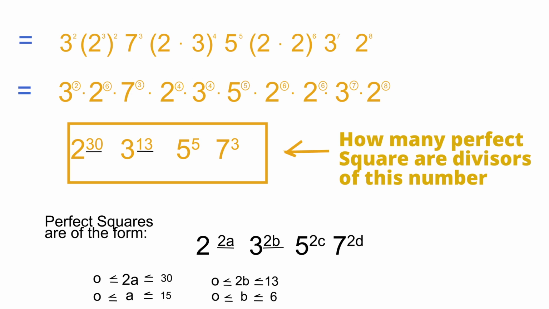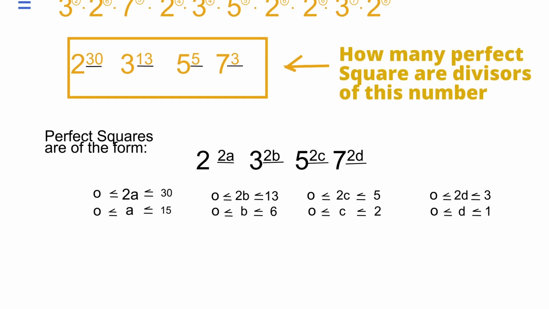It has to be an integer. It's an exponent. And then similarly for 2c, 2c has to be between 5 and 0, and therefore c is between 2 and 0. And finally, 2d is between 3 and 0, so that means d is between 1 and 0.